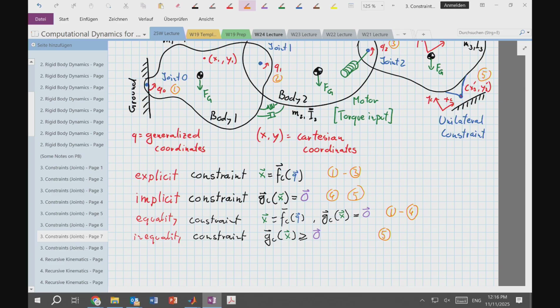From the position and orientation of this body, I can compute that distance. And then I simply say that distance has to be positive. If it's positive, that point is away from the wall, and I'm good. If it were negative, that point would be in the wall, and that's not what I want. This would be an inequality constraint.